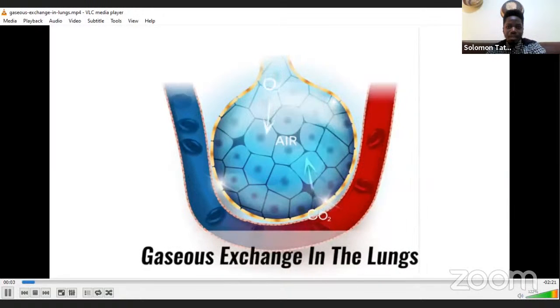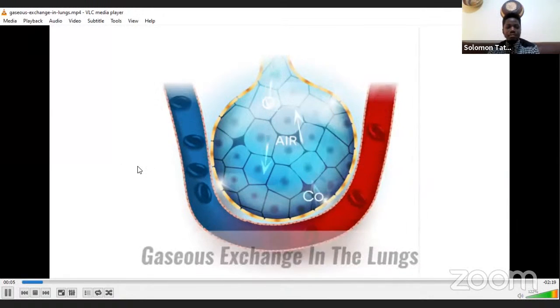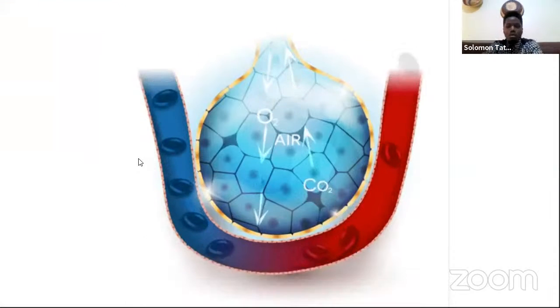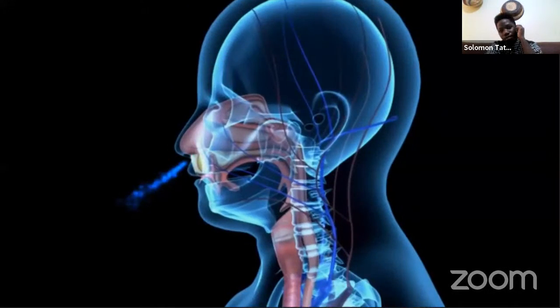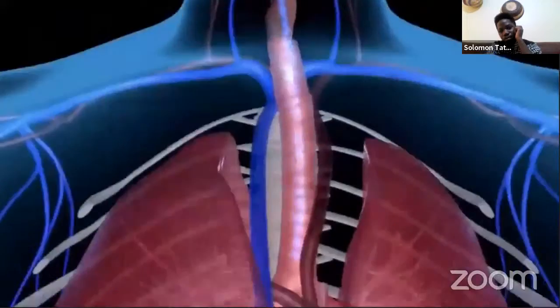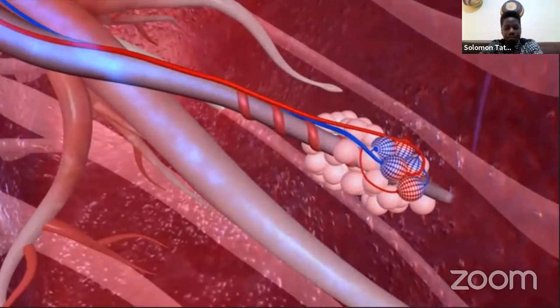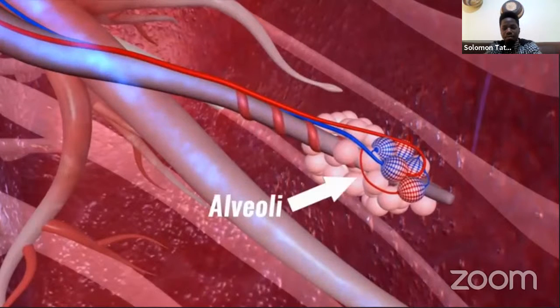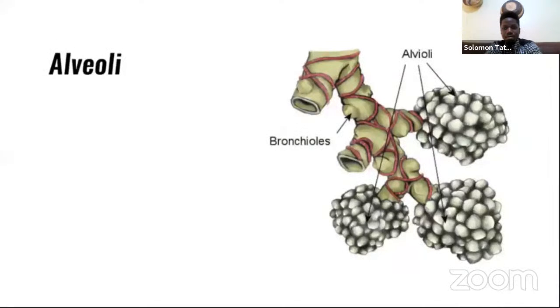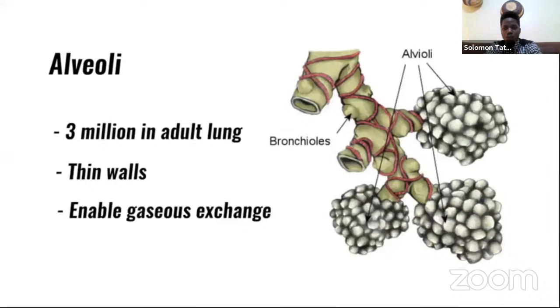Gaseous exchange refers to the process of oxygen and carbon dioxide moving between the lungs and blood. Air passes into the lungs via bronchi, bronchioles, and then into alveoli. This is where gaseous exchange takes place. Alveoli are individual hollow cavities contained within alveolar sacs or ducts. There are approximately 3 million alveoli within an average adult lung. They have very thin walls, which permit the exchange of oxygen and carbon dioxide gases.